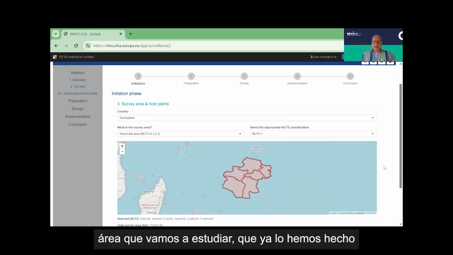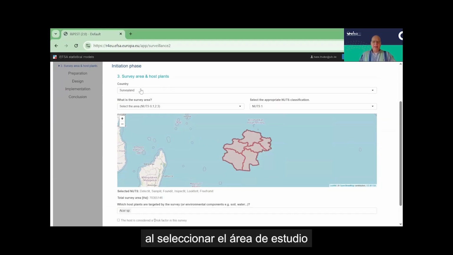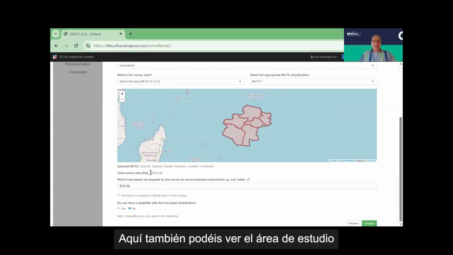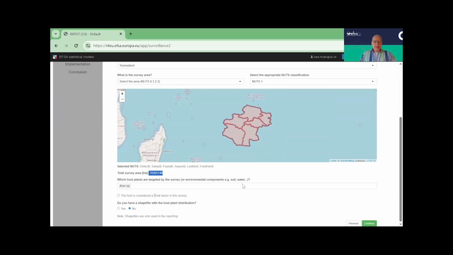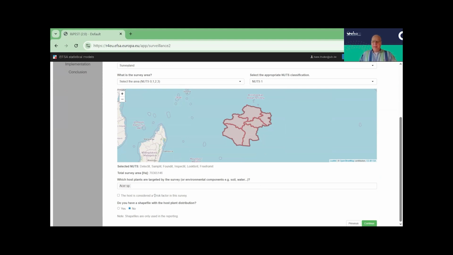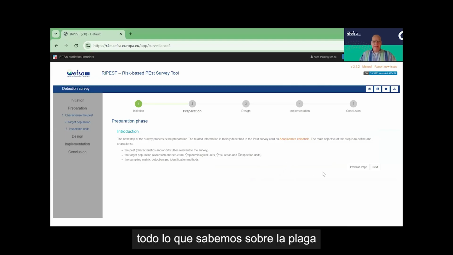Next, we have to specify our survey area, which is here already done by choosing Surveyland, choosing NUTS 1 as the selected unit. And here you also see the area of Surveyland in terms of 78 million hectares. Next, we have to tell RIPEST what we know about the pest.